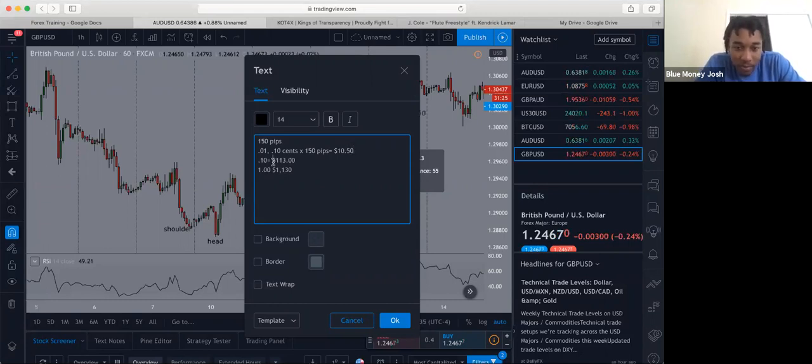Easy. Next one, a 0.10, which is a mini lot, is going to be $1 per pip, or $1 times 150 pips. That's going to be $150.